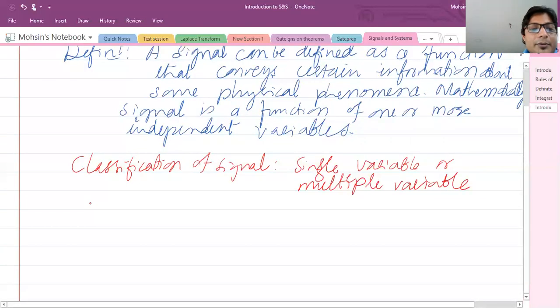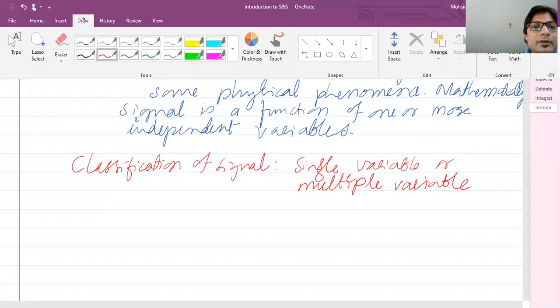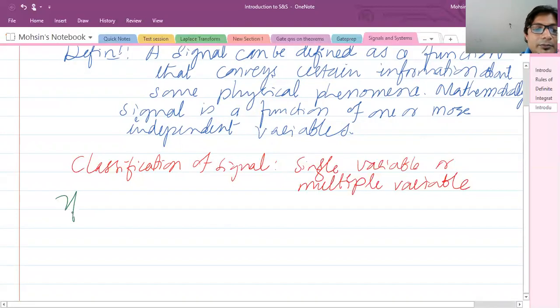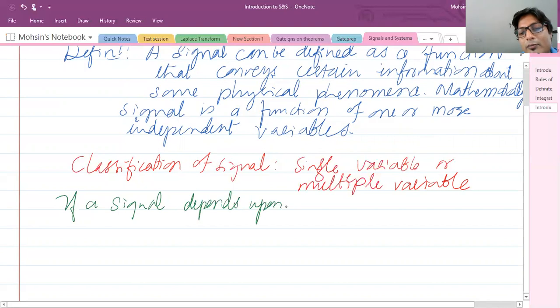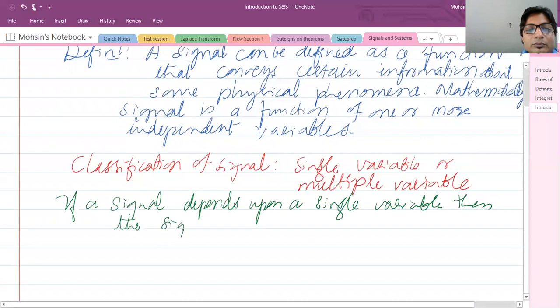So I'll just try to write it down. If a signal depends upon a single variable, then the signal is called a one dimensional signal.